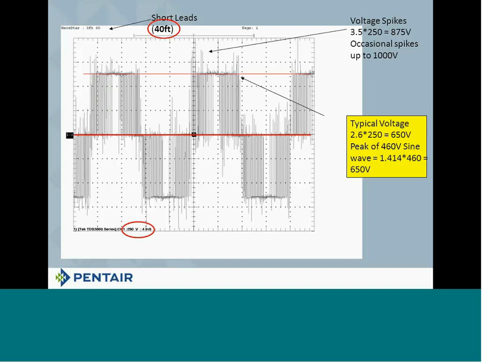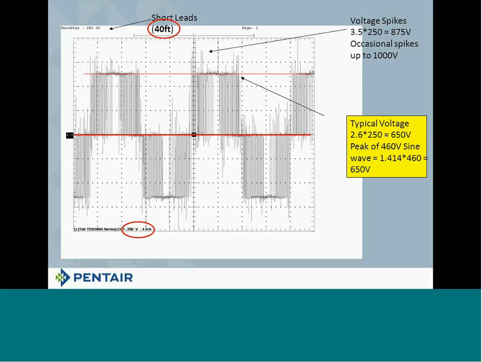Typical voltage, you'll notice there it says typical voltage on a 250 volt system is a 2.6 spike. If we're getting a 2.6 spike times 250 volts, that's 650 volts. A normal regular motor can handle 900 volts. A premium efficiency motor can handle 1,000 volts.